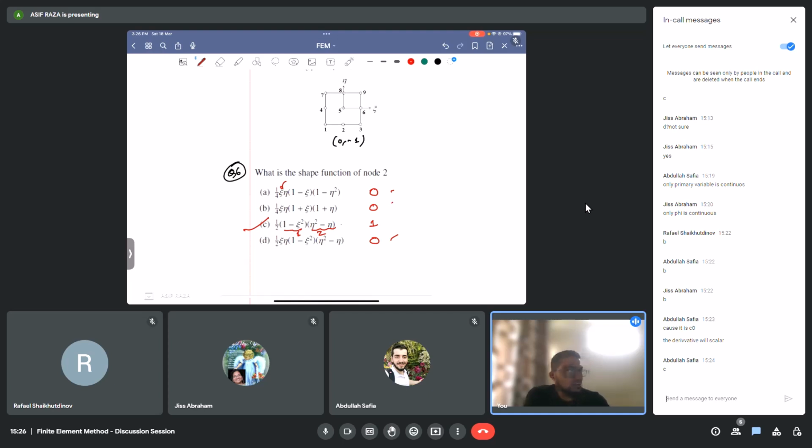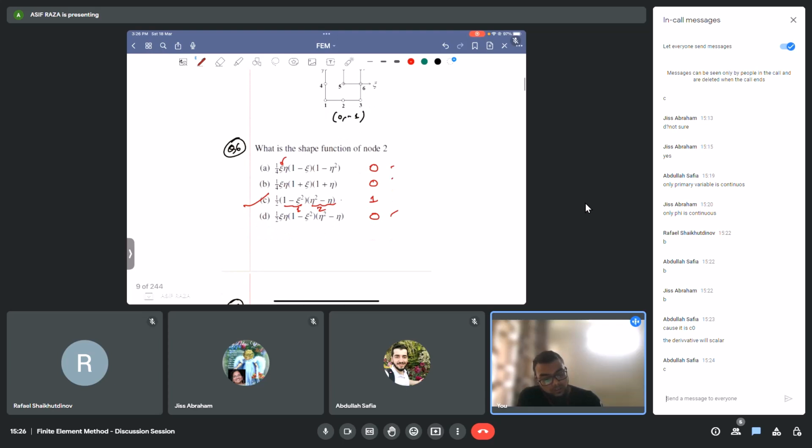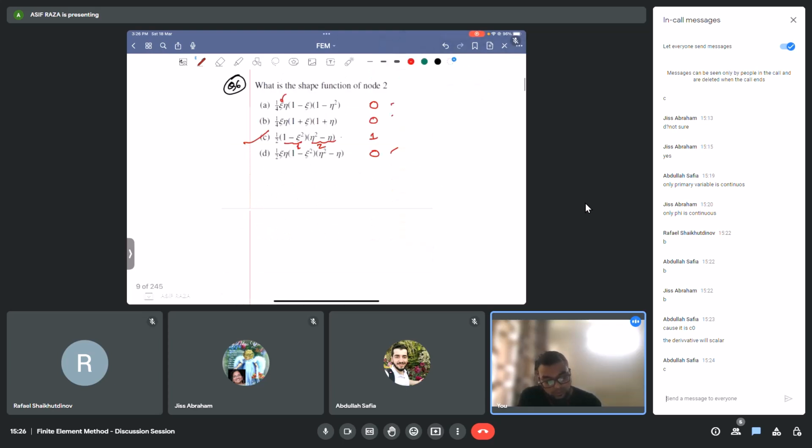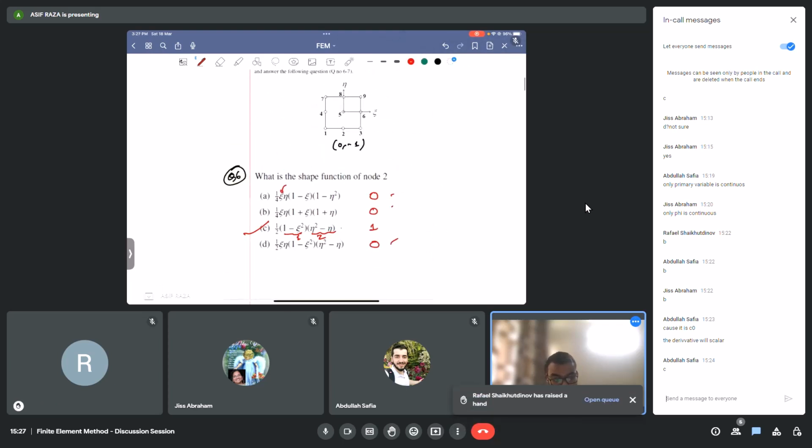Now going through the traditional way of how to write the shape function. Okay, yeah, Rafal. If we want to derive this formula, we just need to notice that when xi is equal to -1 and 1, it should be 0.